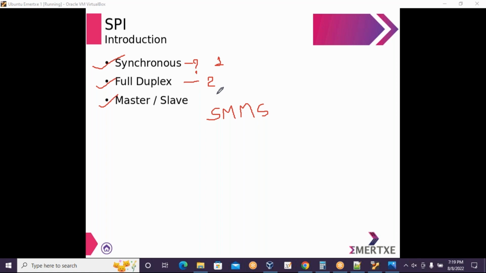There are multiple slaves, and a master can communicate with a particular slave by using the slave select line. This is the line that helps the master pick the slave with which it wants to communicate. So that is about the SPI protocol.